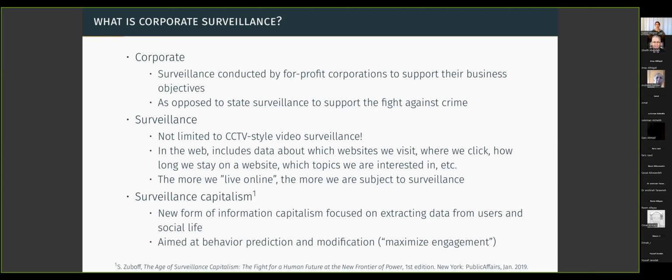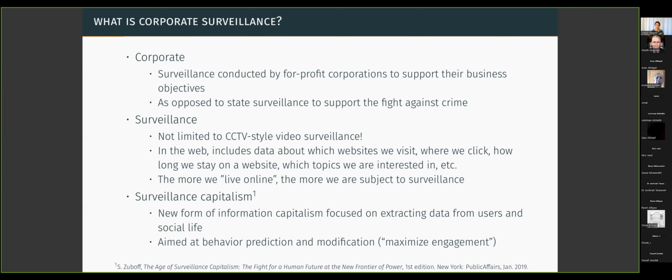So based on this phenomenon of corporate surveillance, some argue that a new form of capitalism has formed called surveillance capitalism. This is really well argued in a book by Shoshana Zuboff from a couple years ago, where she says this new form of capitalism extracts data from users and from the social life of users, and then tries to first predict the behavior of users, and then also modify that behavior so that it serves the interest of the corporations.